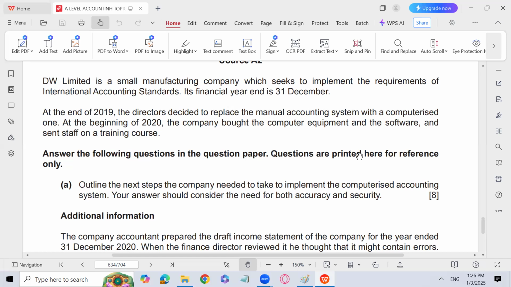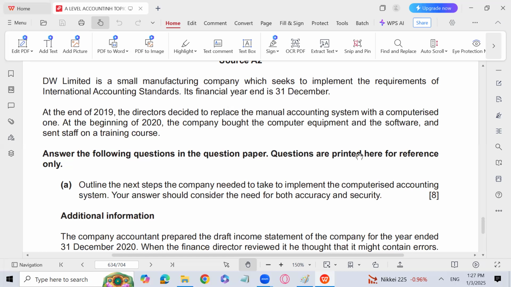Outline the next steps the company needed to take to implement the computerized accounting system. Your answer should consider the need for both accuracy and security. So obviously, what you will do, you will go for a firewall. Whenever the new system is going to be implemented, the computer equipment, you have to go for a firewall so that the security threats should be minimized.